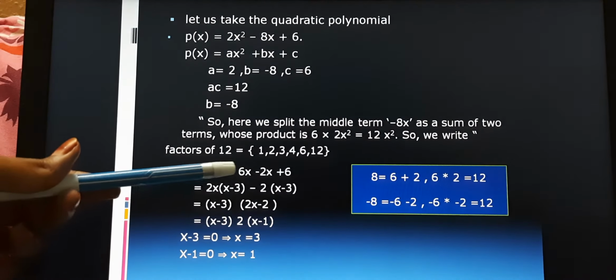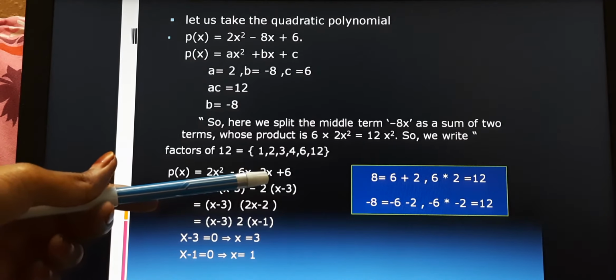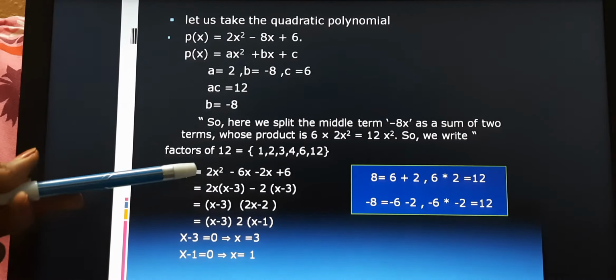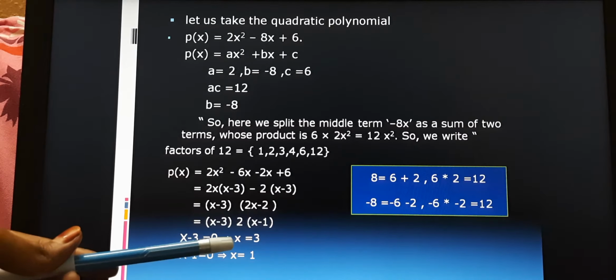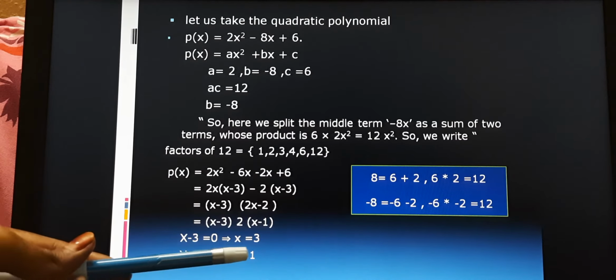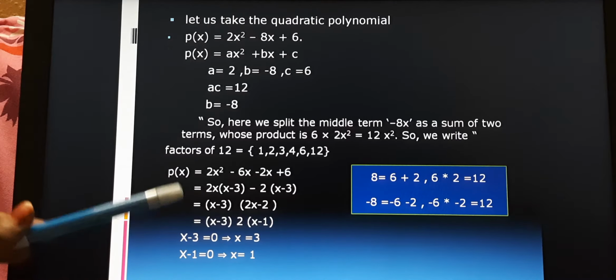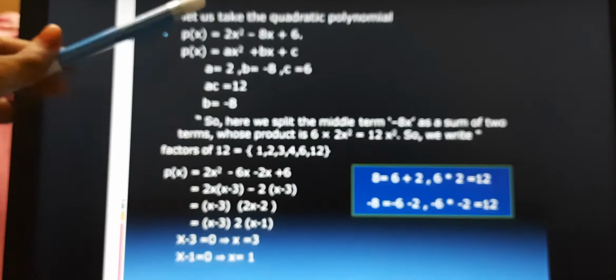See here, 2x square minus 6x minus 2x plus 6. We split the middle term and calculate, and we got x equals 3 and x equals 1. If you have any doubt, go to part 6 and see once; you'll get an idea.